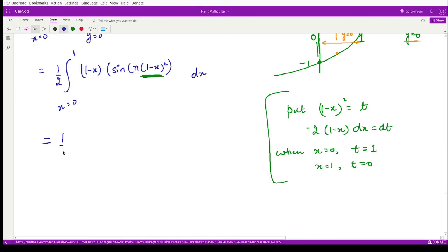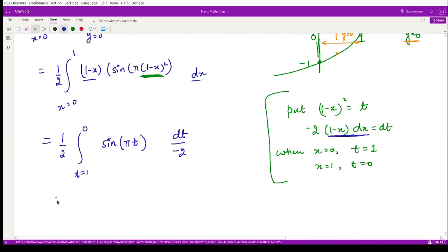Therefore our integration here, the limits reduce to t varying from 1 to 0, and this quantity 1 minus x dx now could be written as dt by minus 2. And in place of this sine pi 1 minus x whole square, I can write sine pi t.